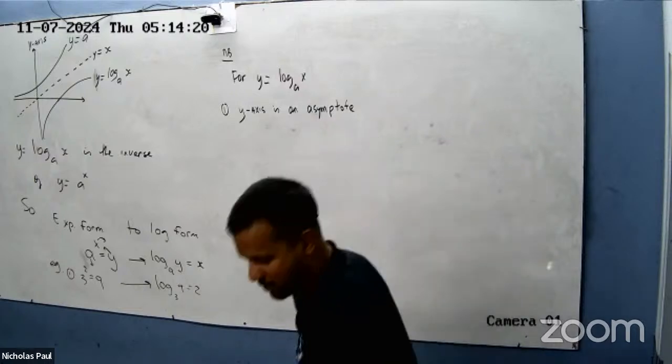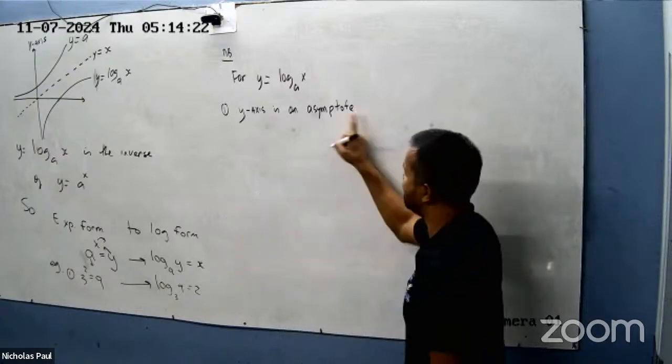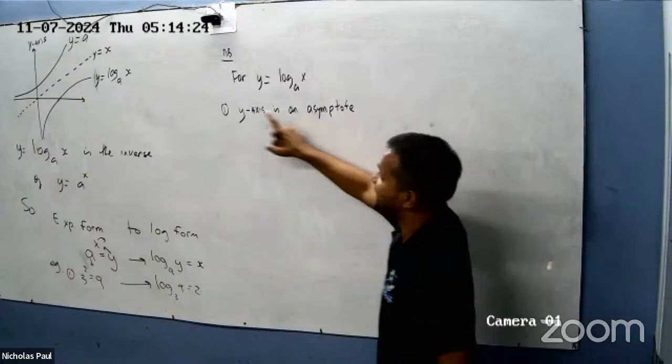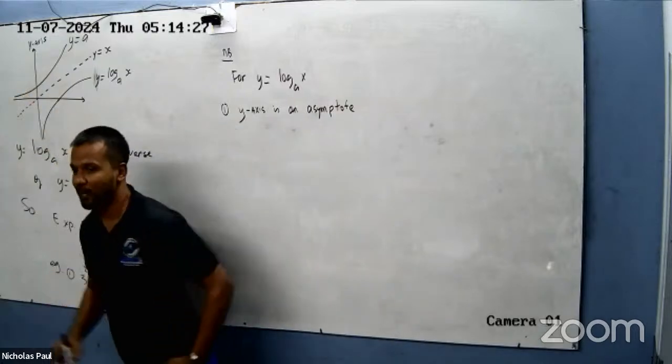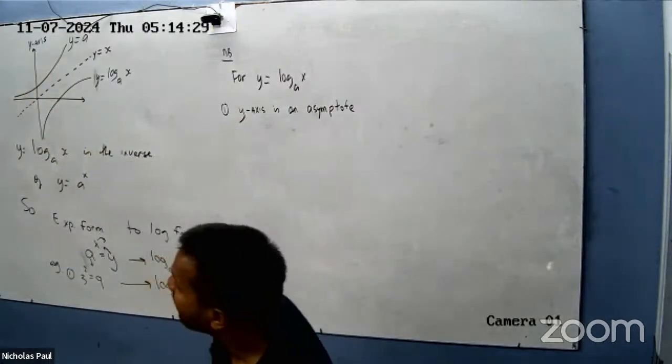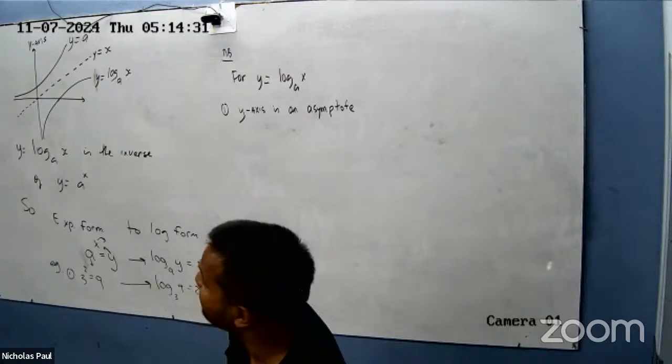This y-axis here is what we call the asymptote. The curve will come close to that line, but never touch it.